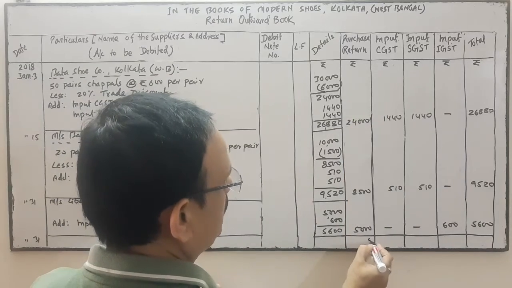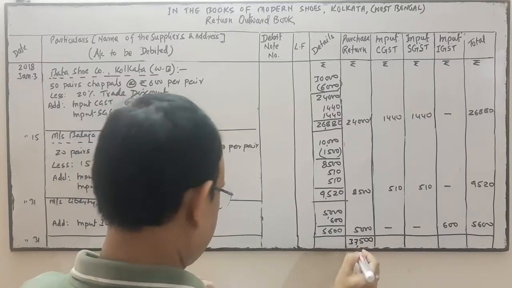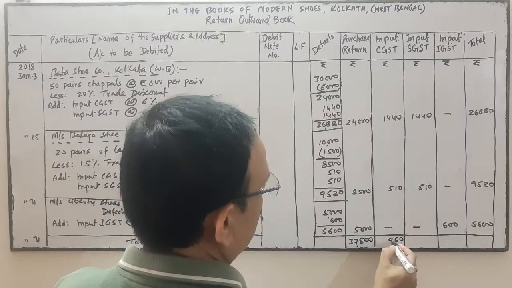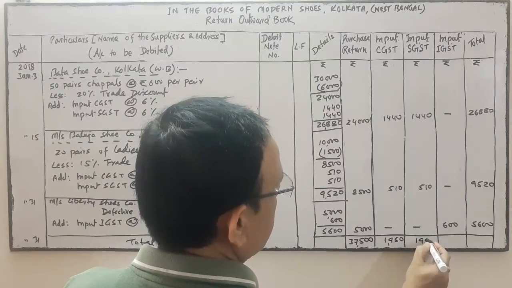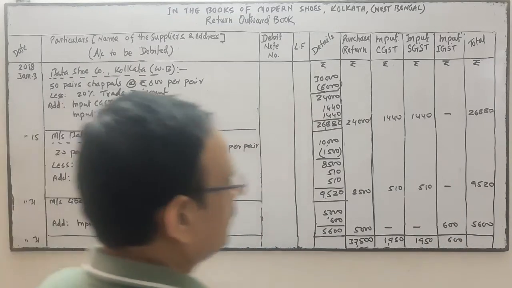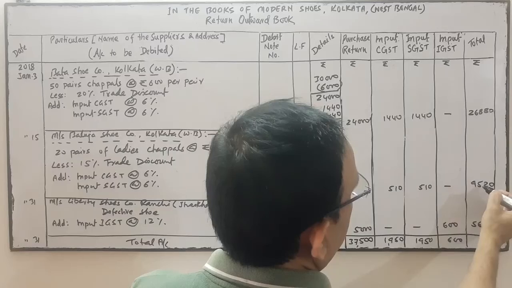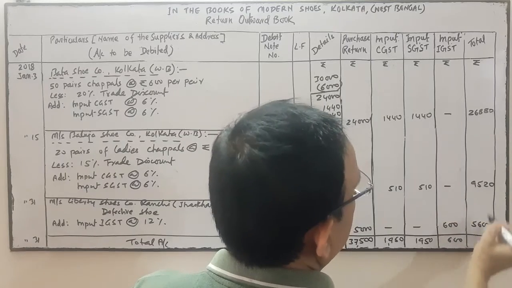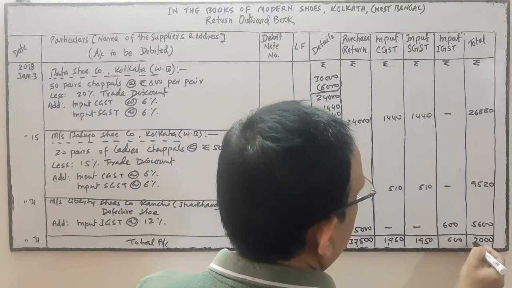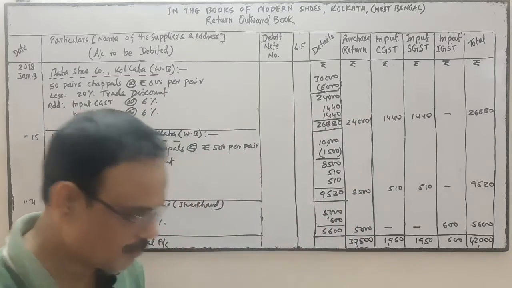So the purchase return total is 37,500, CGST is 1,950, SGST is 1,950, IGST is 600, and the total is 42,000.